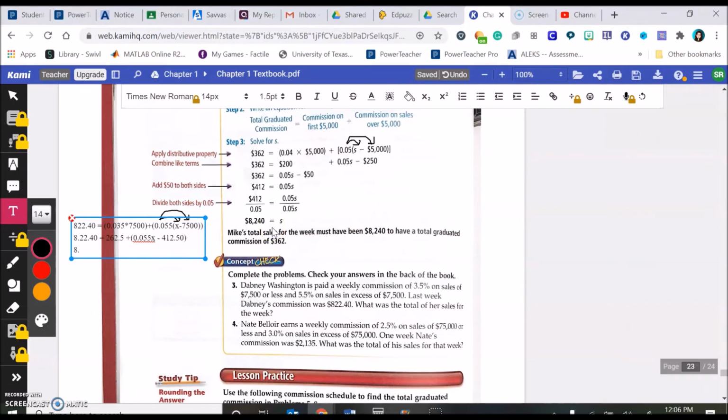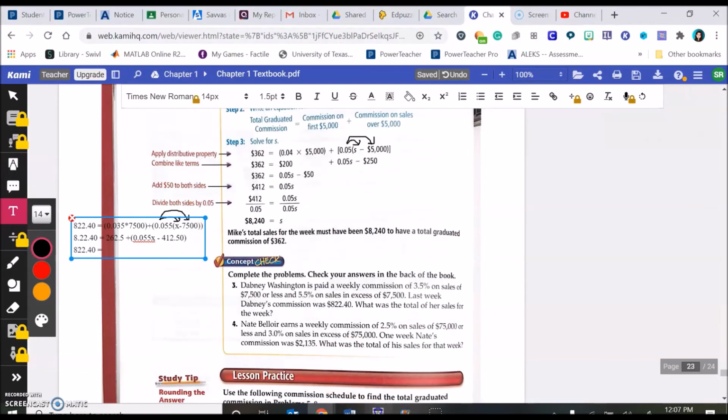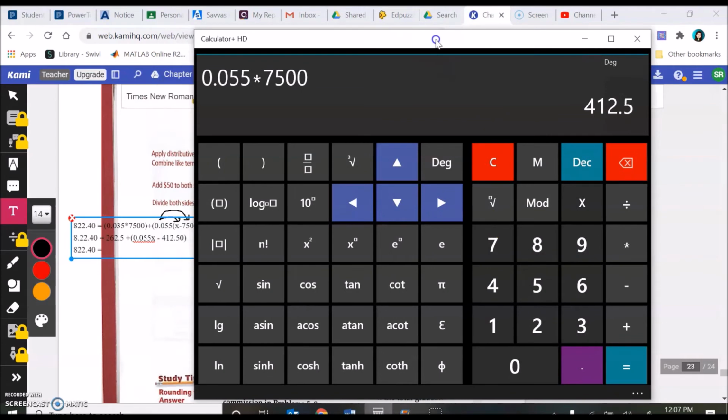Now I need to simplify 262.50 minus 412.50.